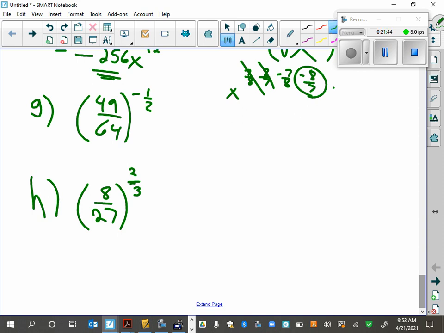And the difference is one has a negative exponent and one doesn't. The one with a negative exponent is the one you're going to flip. So I'm going to just coach you on this one. We'll flip this one and keep the positive exponent. Okay? So go ahead and do that before I do.